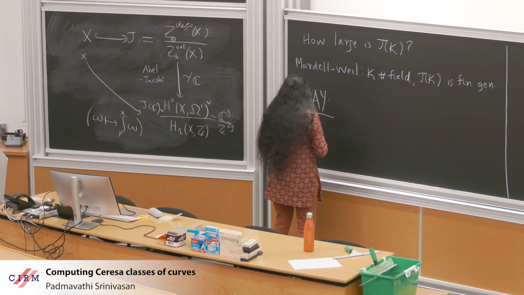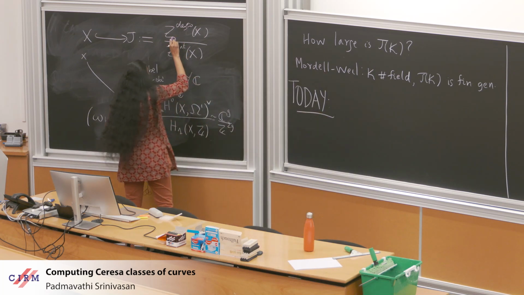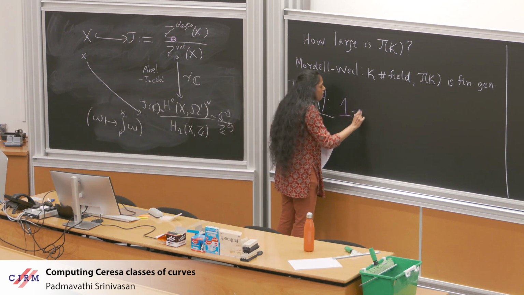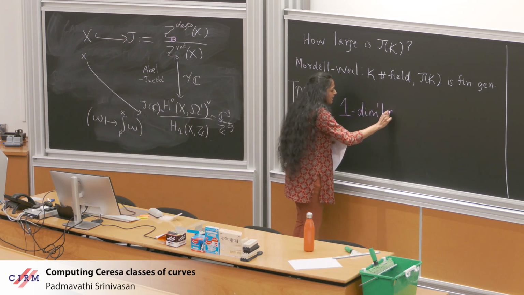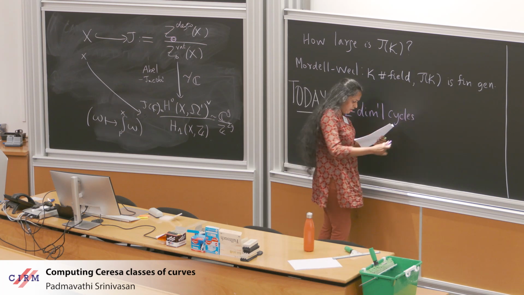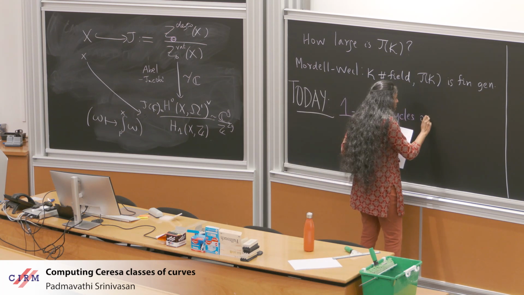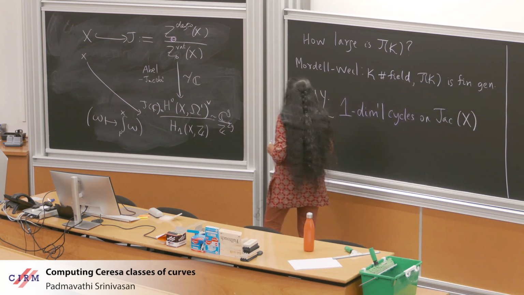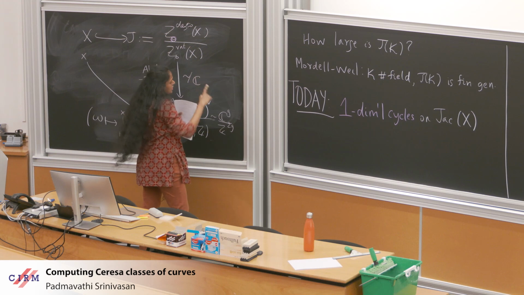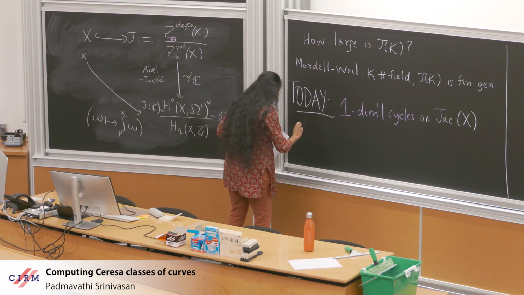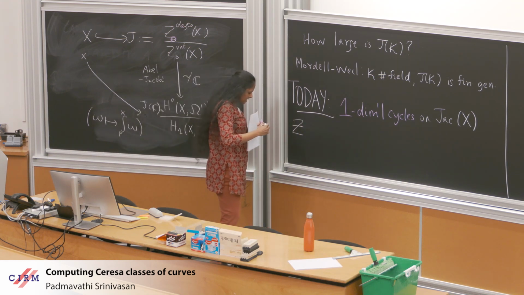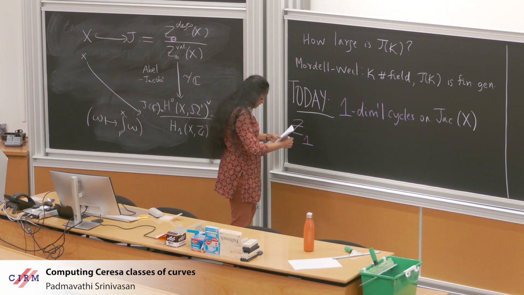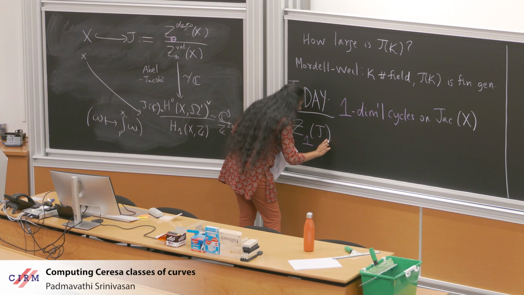So today, the goal is to change the dimension. Instead of studying zero-dimensional subvarieties, I'm going to be looking at one-dimensional cycles on the Jacobian. Everything you see on this board is going to get generalized just a bit. So instead of studying zero-dimensional cycles on a curve, I'm going to be studying the group of one-dimensional cycles on the Jacobian.